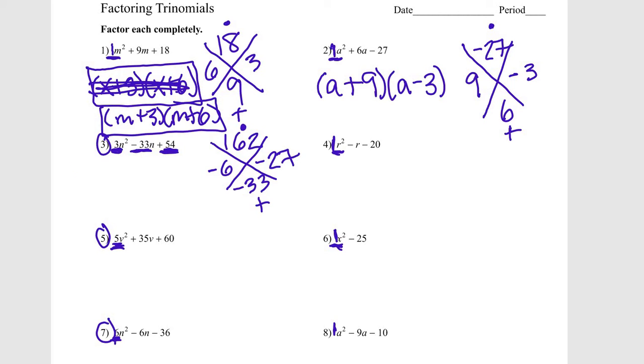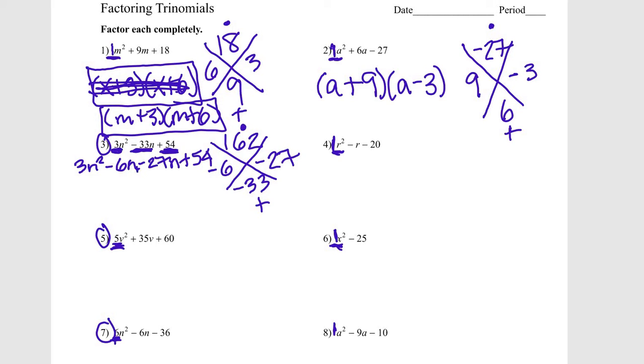So I'm going to split this apart. I have 3n squared minus 6n minus 27n plus 54. So what I did was I split negative 33n into negative 6 and negative 27.